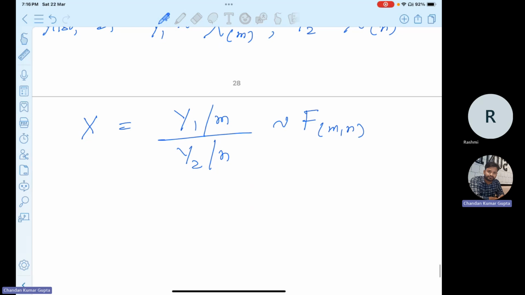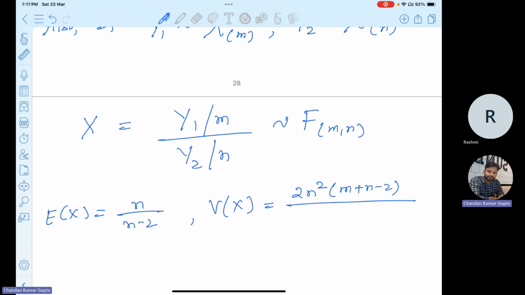Also, the expected value of x is n upon n minus 2. The variance of the f variate is twice n square (m plus n minus 2) divided by m times (n minus 2) whole square times (n minus 4), for n greater than 4.